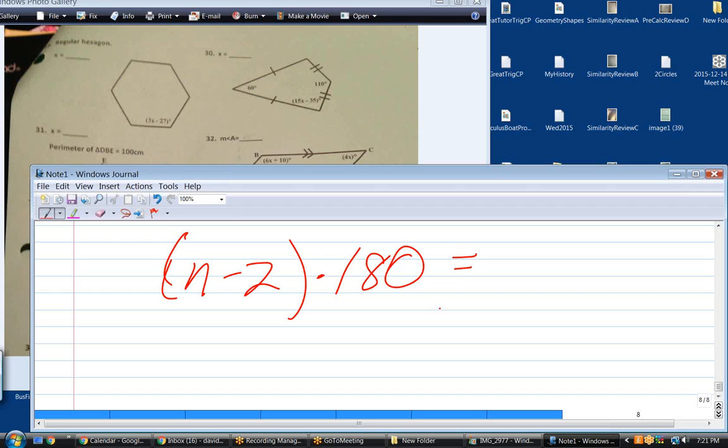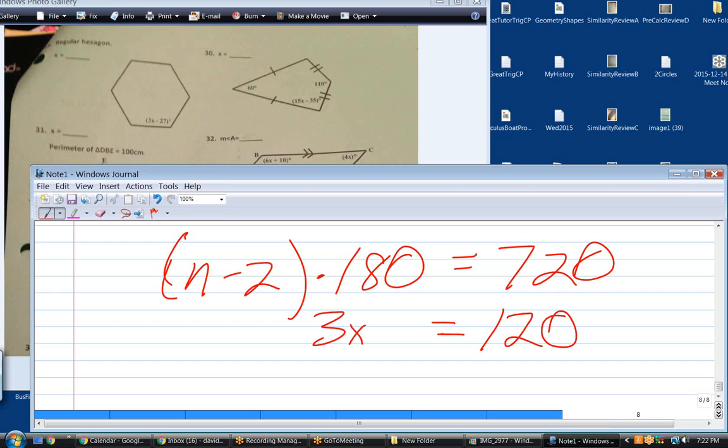It'd be 720. Okay. How many angles are there inside? 6. Correct. So what's each angle equal to? 120? Correct. What am I going to set equal to 120 to solve for x? 3x plus 27?